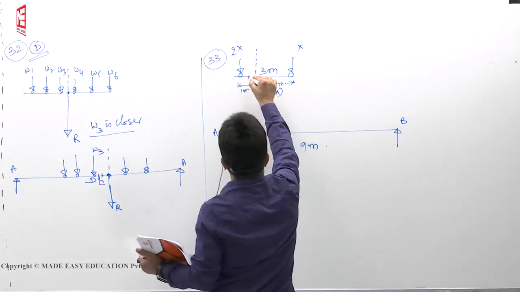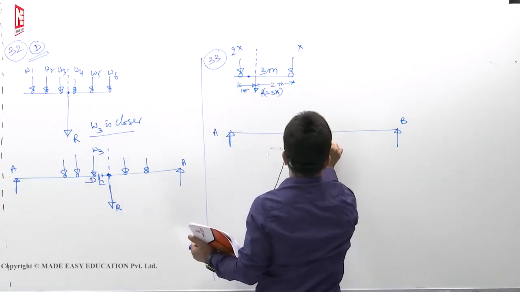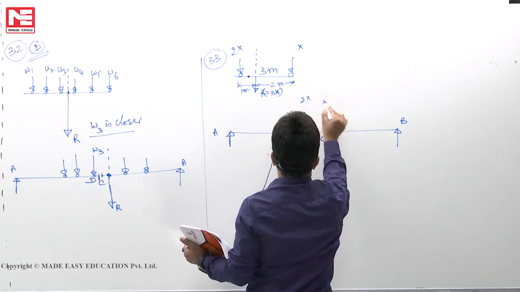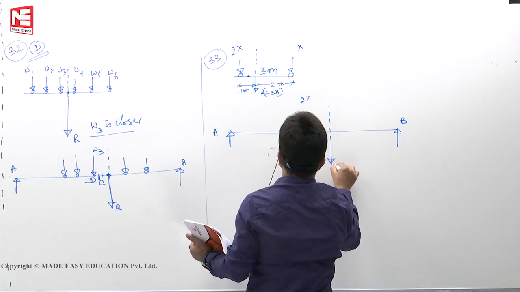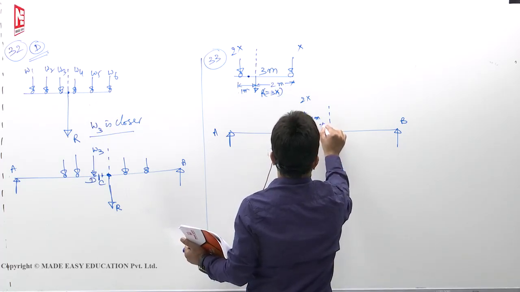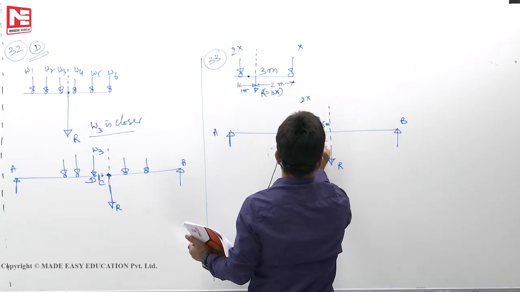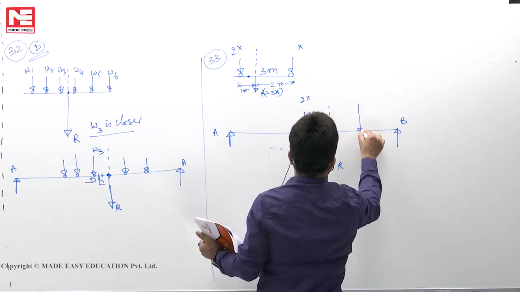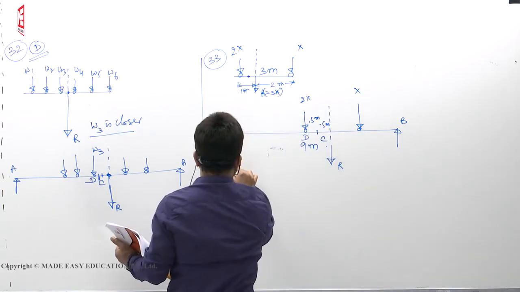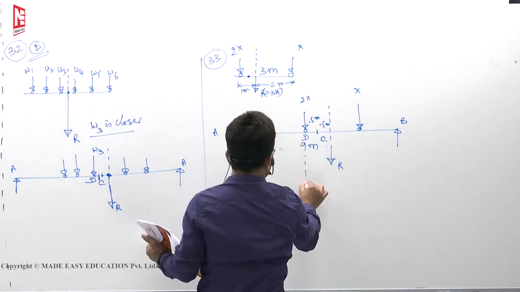Now this you have to keep it. This is the center point. This is 2x. This is the resultant. So this is 0.5 meter, 0.5 meter. This point say D. This point say X. So maximum bend moment happens here.